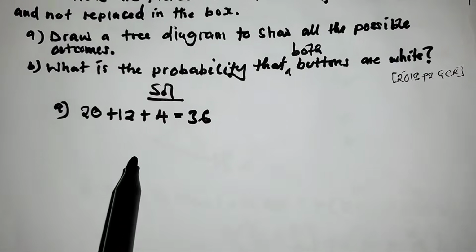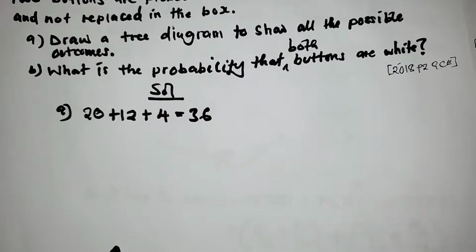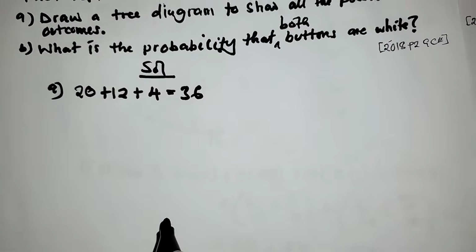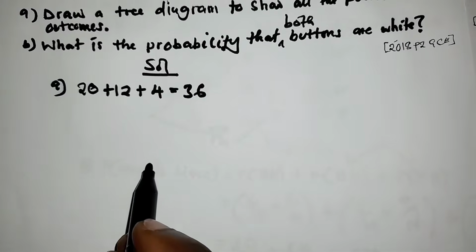Since we have three different colors, our tree diagram is going to have 3 branches.